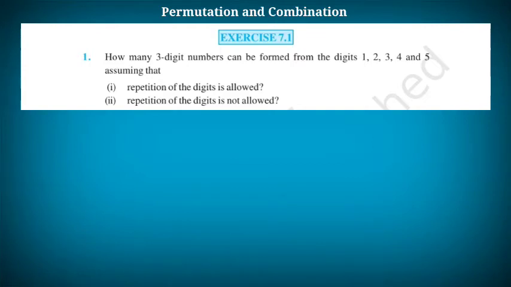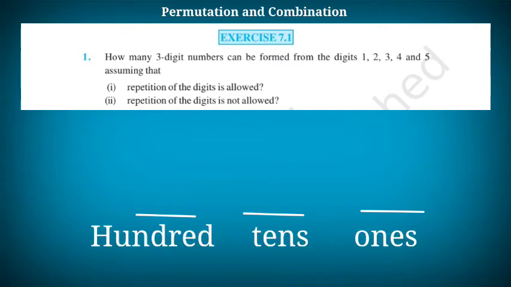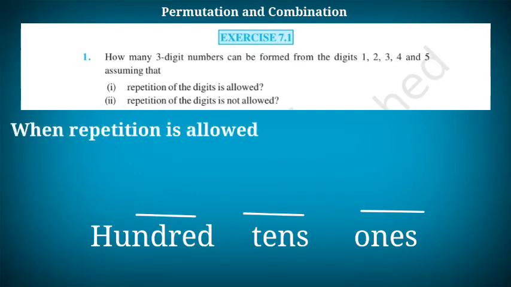So what we will do, let's take 3 chairs for the 3 digits. The first chair is representing the units place, the middle chair is representing the tens place, and the leftmost chair is representing the hundreds place. So the digits for the 3-digit number can be put there on the chairs.